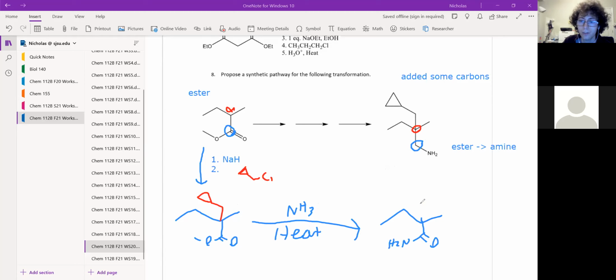And then we still have this that we added. And last, we can convert the amide to an amine by reducing it. This isn't the only way to do this, probably, like most synthesis problems, but I think it's the most straightforward way that I could come up with.